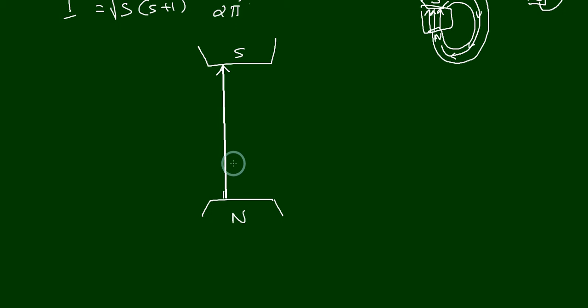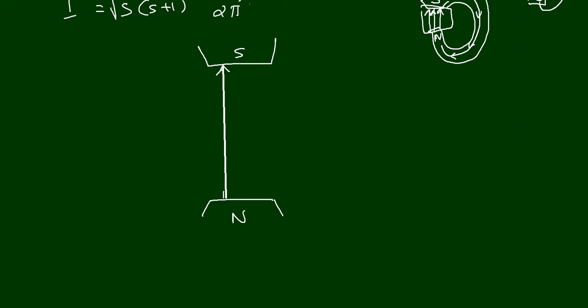And I said that whenever the electron is placed inside the magnetic field, the direction of its spin angular momentum will be restricted. The spin angular momentum I will have only certain possible directions, only certain restricted directions.